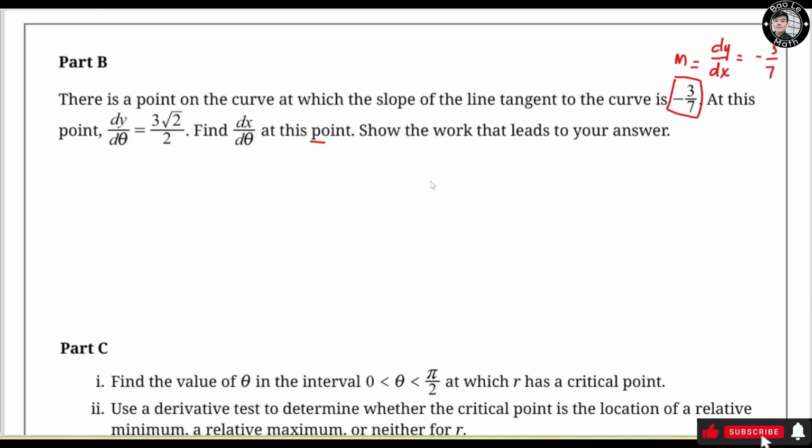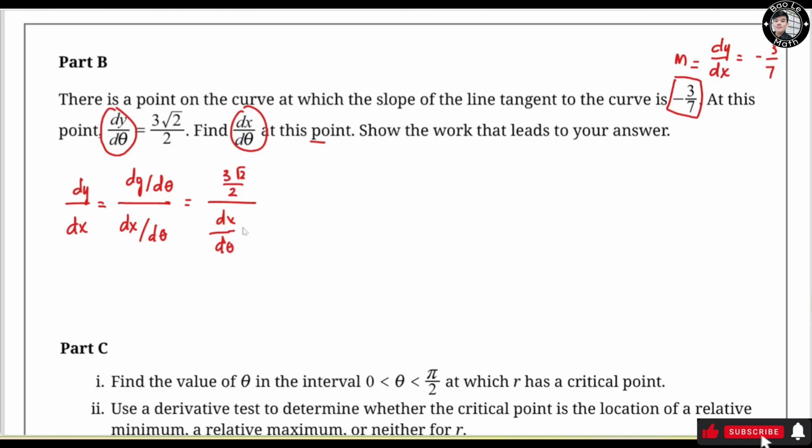So dy over dx is the same thing as dividing the top and bottom by d theta, because we need to use this information to find this. So it can be dy over d theta divided by dx over d theta. It's gonna be 3√2 divided by 2 divided by dx over d theta.